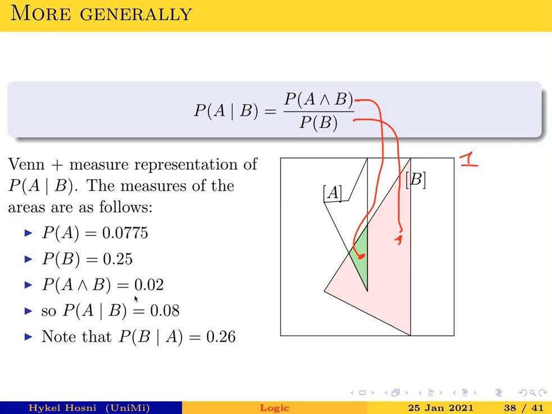Probability of A and B is again rather small. It's the green area. But if you condition on B, you see that it goes even further down, because you're just having a fraction with the denominator bigger than the numerator, so the value diminishes. As your colleague rightly pointed out before, implication is not symmetric, and so is the conditioning operator.